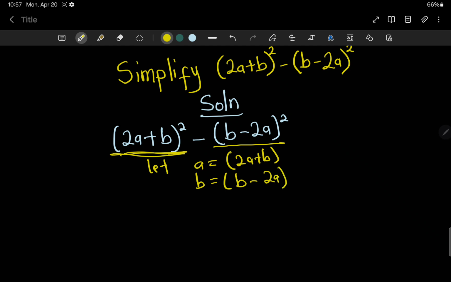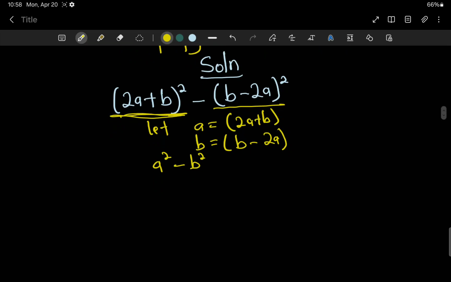So when you substitute them, you have a squared minus b squared, which is the difference of two squares, right?